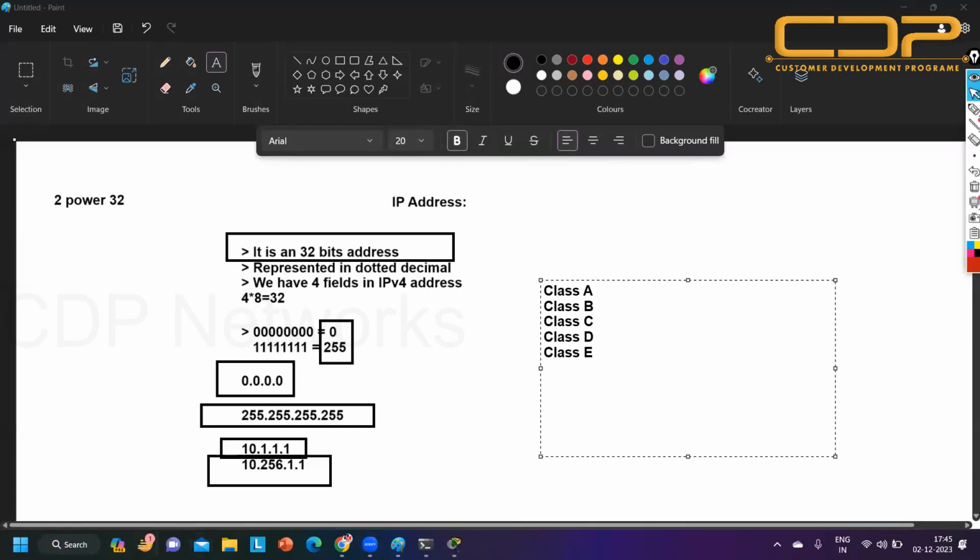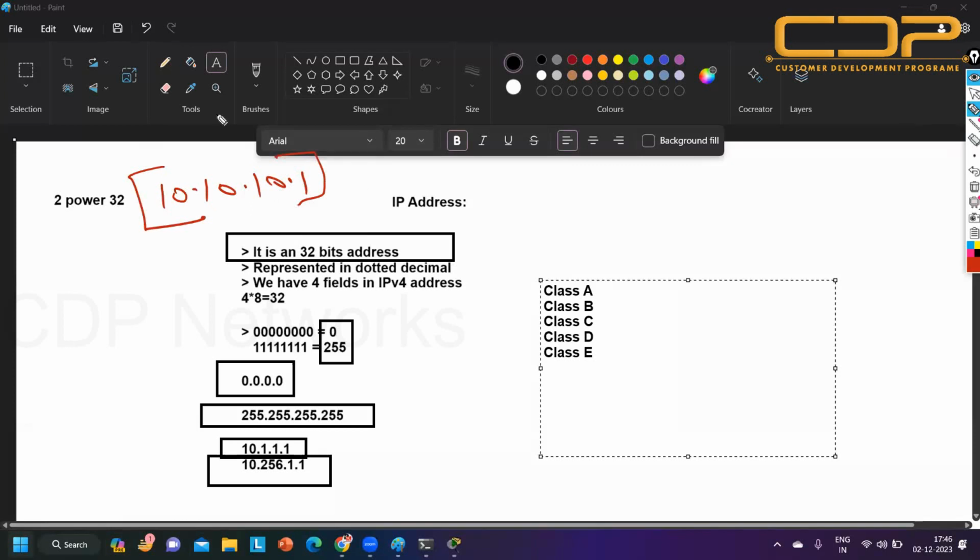Let's say here I am writing one IP address, 10.10.10.1. I need to identify which class this IP address belongs to: class A, class B, class C, class D. So I need to check the value in the first octet.